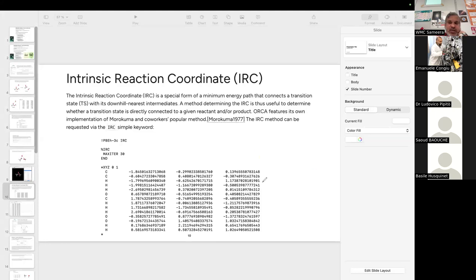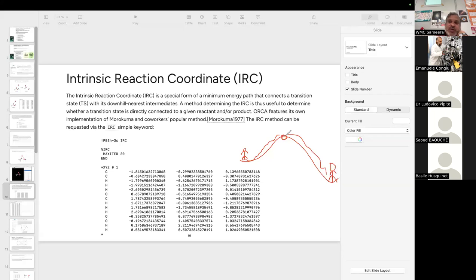Sorry. You have a transition state like this. And what we do is we start from the transition state structure, and then you follow the minimum energy path towards the reactant and find the approximate reactant. And you also work towards the product side, and you can find the product structure.